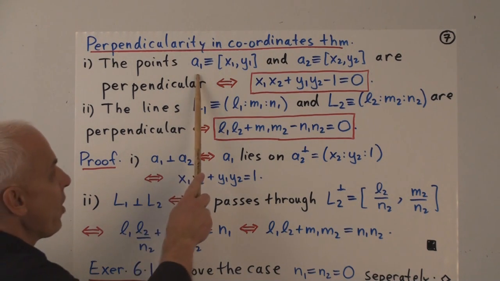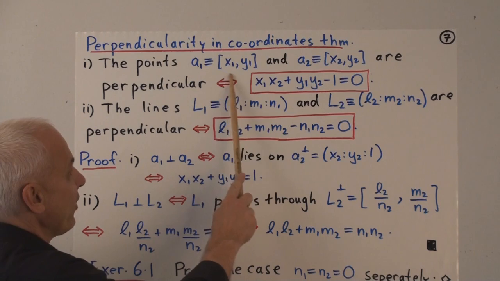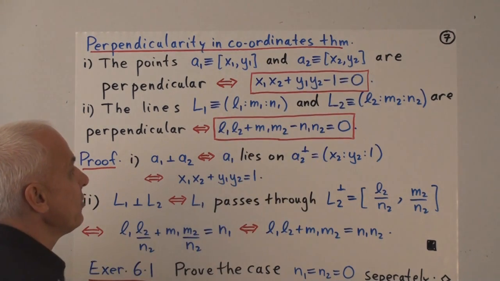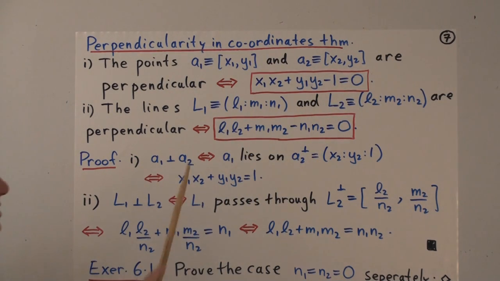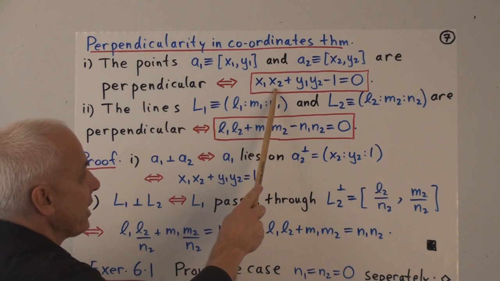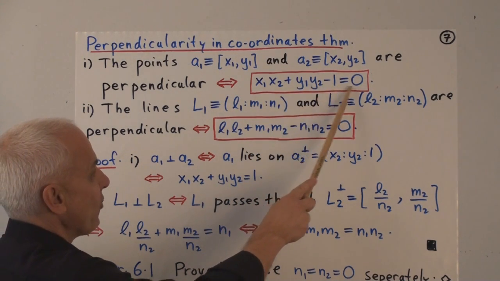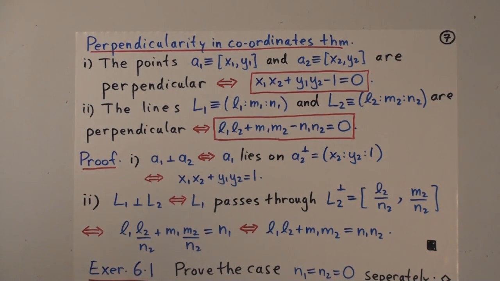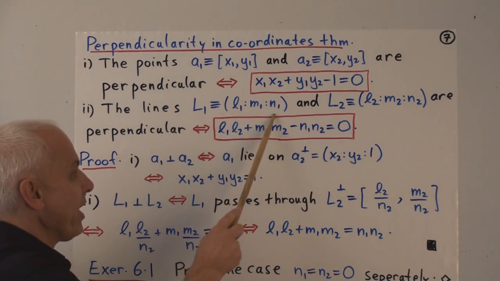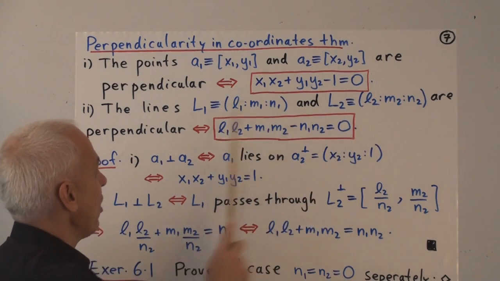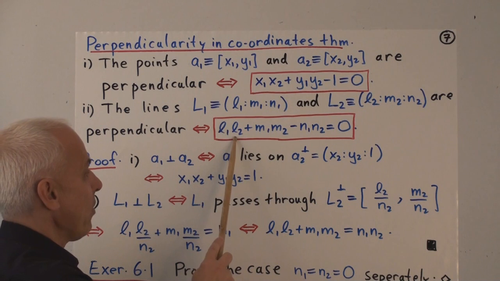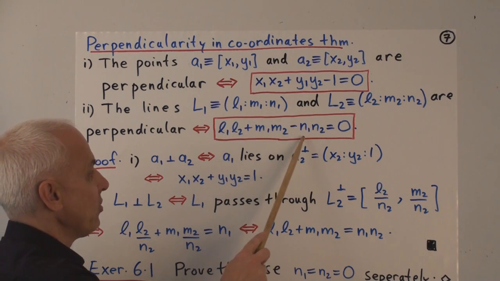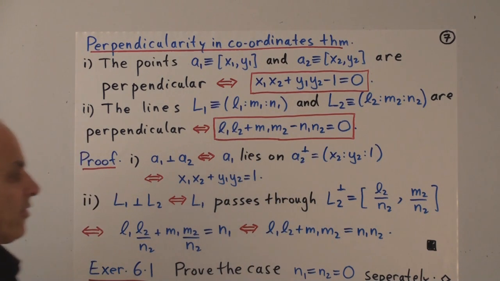The points A1 and A2 with coordinates x1, y1 and x2, y2 are perpendicular precisely when x1 x2 plus y1 y2 minus 1 equals 0. And the lines l1, m1, n1 and l2, m2, n2 are perpendicular precisely when l1 l2 plus m1 m2 minus n1 n2 equals 0.